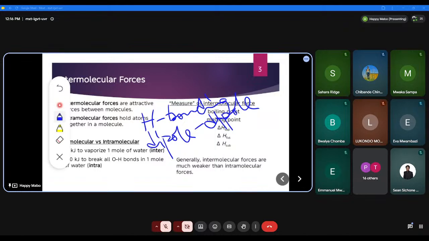For the intramolecular forces, you're looking at forces that exist within a molecule, and these forces help to hold the atoms together. An example of an intramolecular force is a covalent bond.